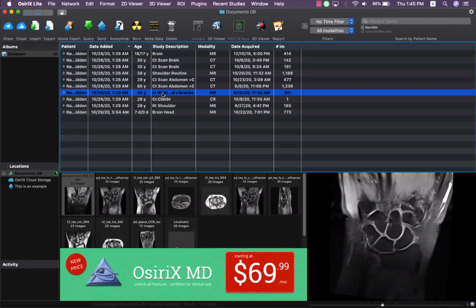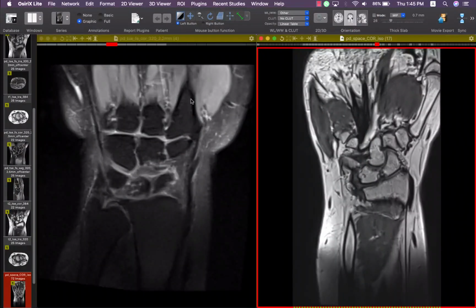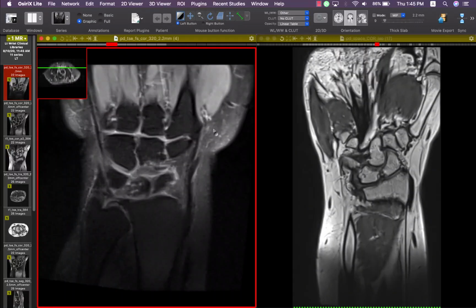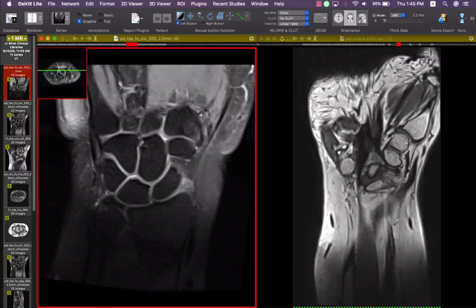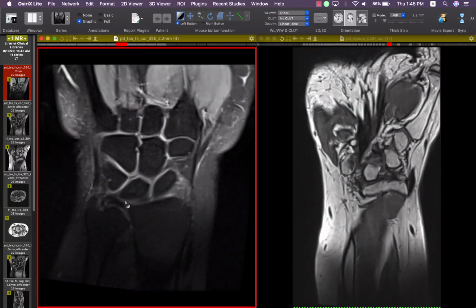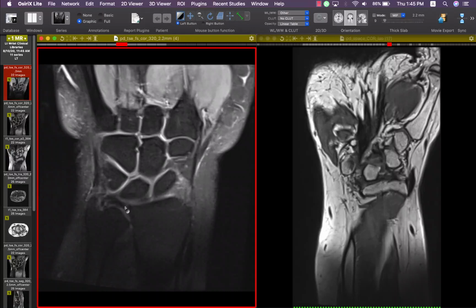Okay, this is an MRI wrist for this patient. The patient has a chronic injury and is complaining of chronic pain of the wrist. In these images, we can see that this is the triangular fibrocartilage, and this is the central component, and the attachment of the triangular fibrocartilage is usually by cartilage.